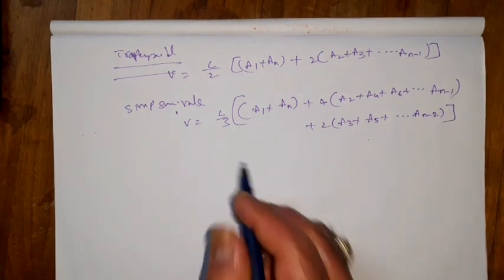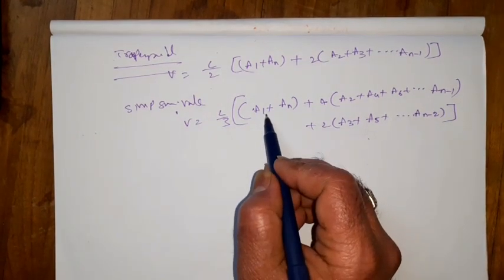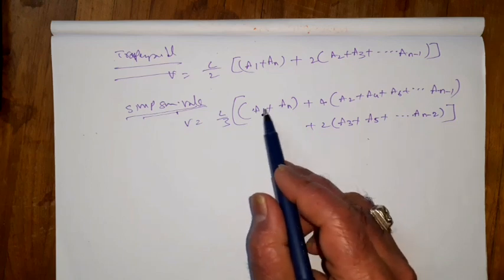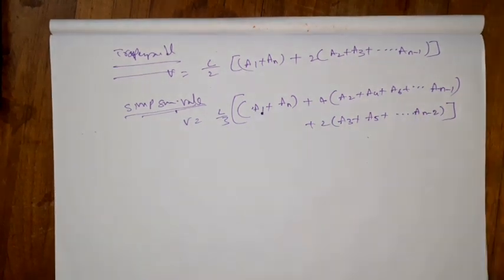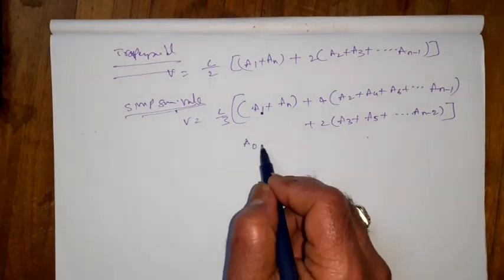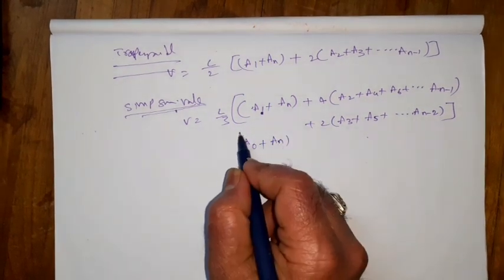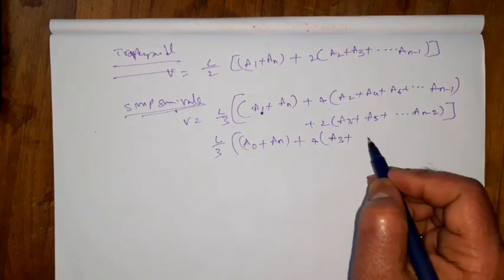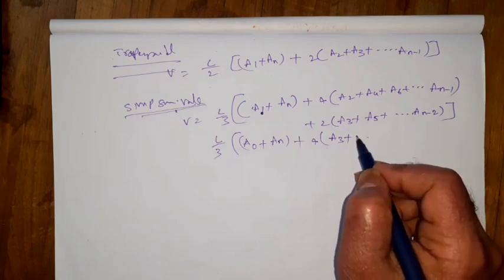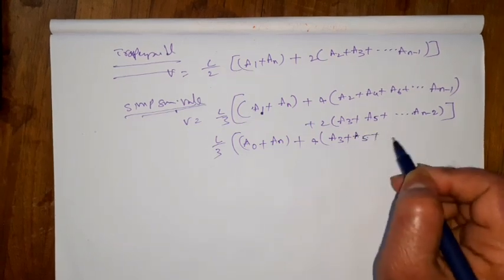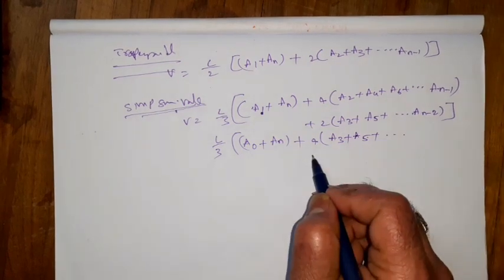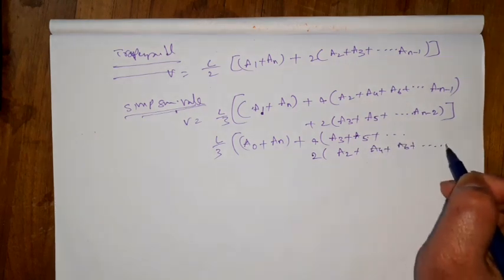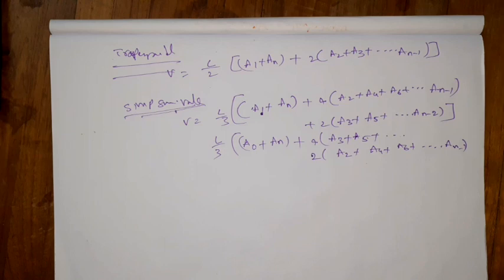Here we need to consider one thing in case of Simpson's rule. If we have taken area starting with A1, then we apply this one. If we consider it starting with A0, then the formula is somewhat different: L by 3 into 4 times (A1 plus A3 plus A5 and so on) and 2 times (A2 plus A4 plus A6 and so on).